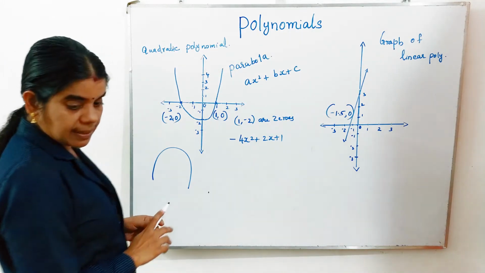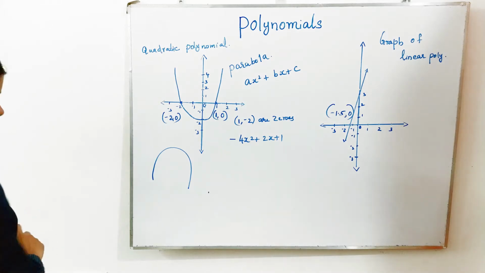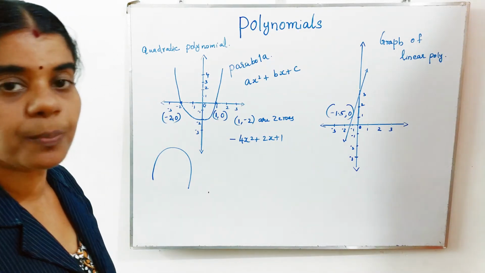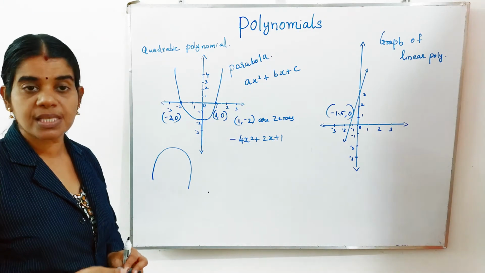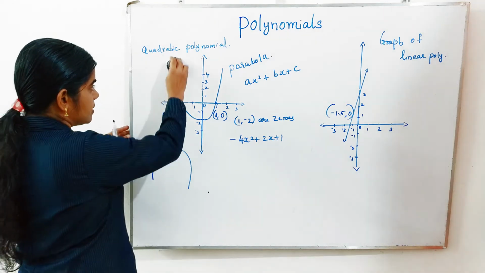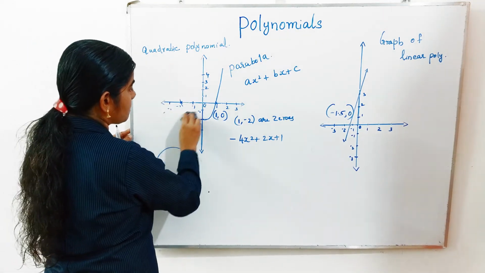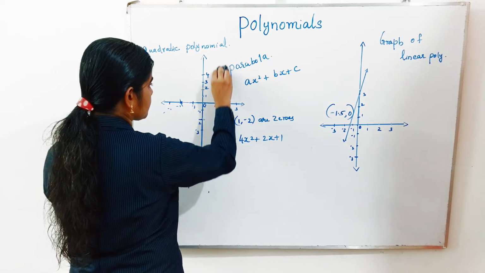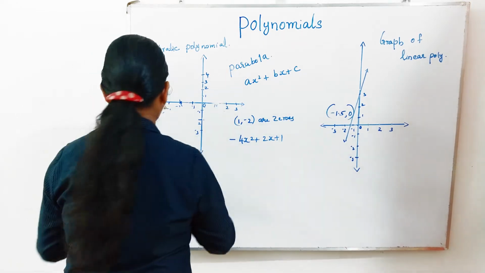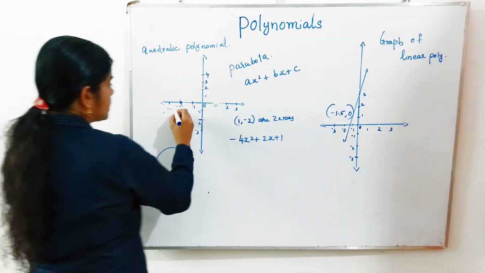Next we are discussing the zeros of a cubic polynomial. In the case of a cubic polynomial, you already know that 3 zeros will be there. Then the graph will be this way.